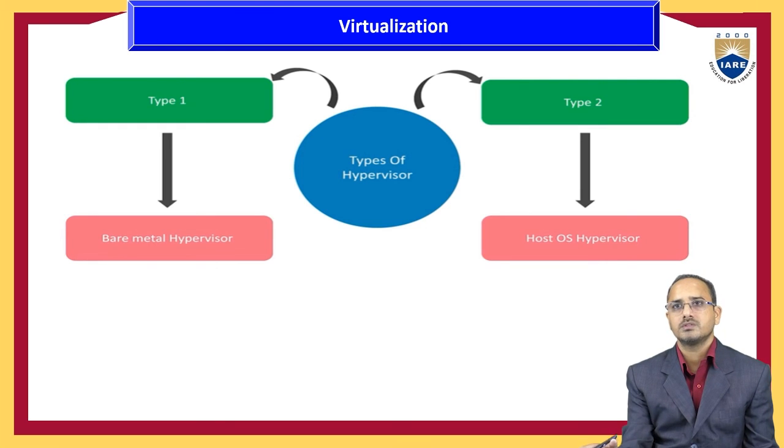The host machine holds the host operating system and host resources, and the guest machines hold the guest operating systems, and the same physical resources are leveraged effectively by all the virtual machines. And the hypervisors are classified into two types, type 1 and type 2, one being the bare metal hypervisor, the other being the host OS hypervisor.